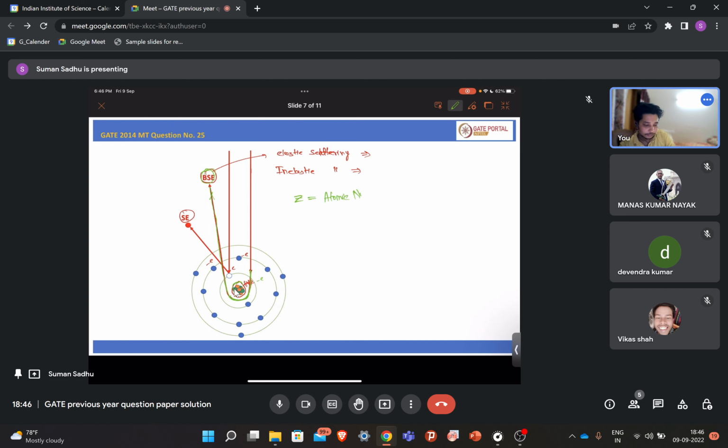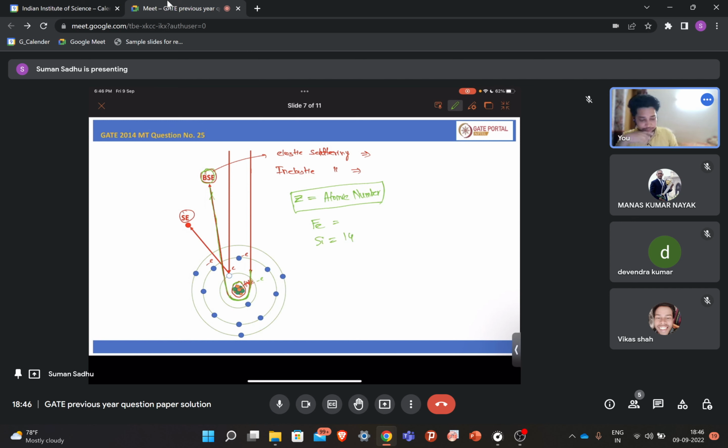Let's say for iron, what is Z? 56 is the atomic number. Or sorry, 26, right? Or for silicon, it is 14.